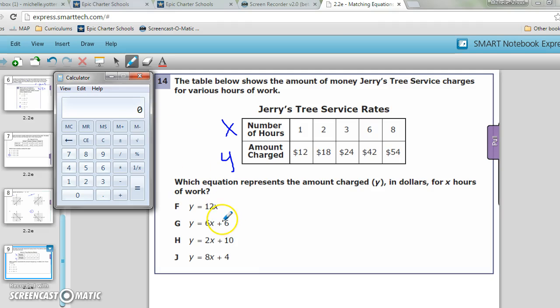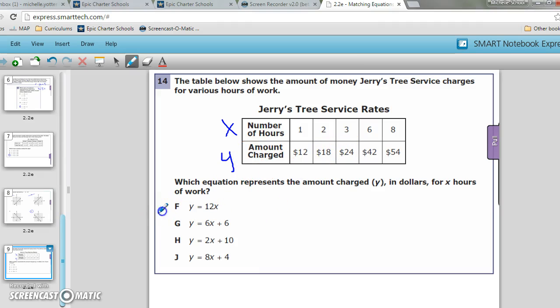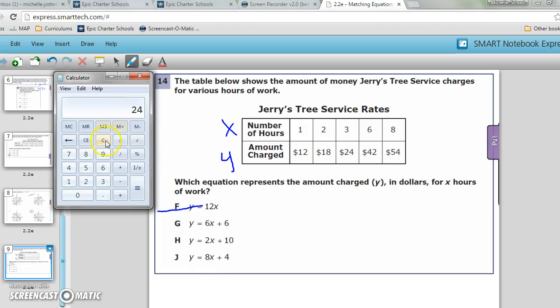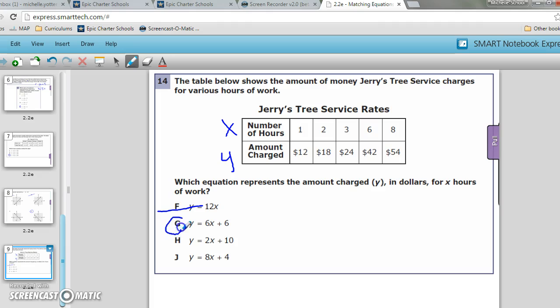Well, that works for the first one, but always test 2 points, okay? So if I put in the next one, if I do 2 times 12, that gets me 24 instead of 18. So it can't be that one, okay? Let's try the next one. 2 times 6 plus 6. Okay, that works. And I forgot to try the first one. I think the answer is G.